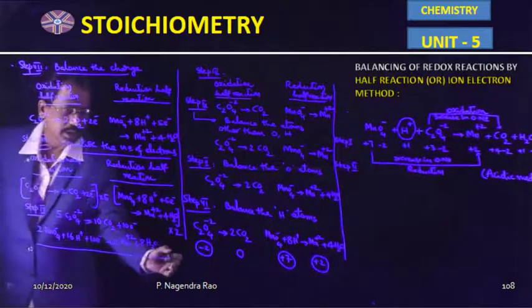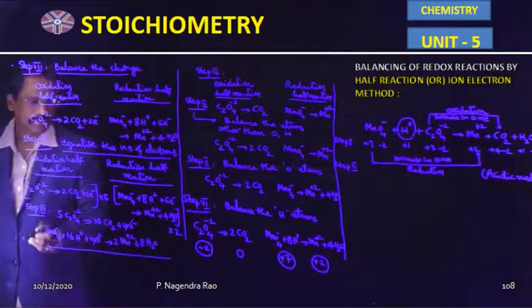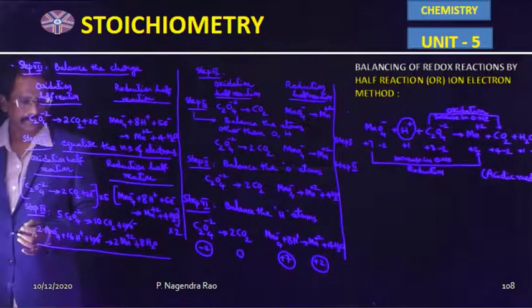Now, while adding these two, cancel the same number of electrons in the reactant side and product side.